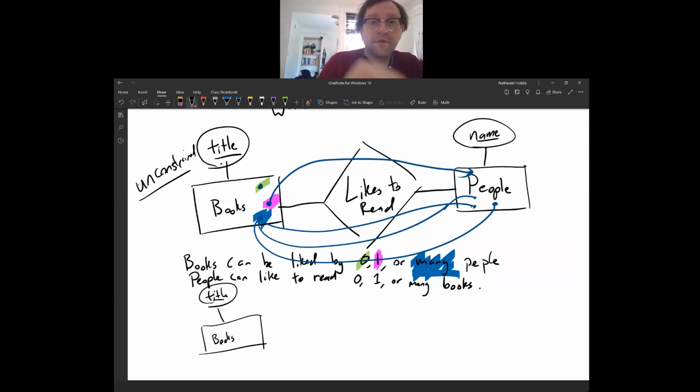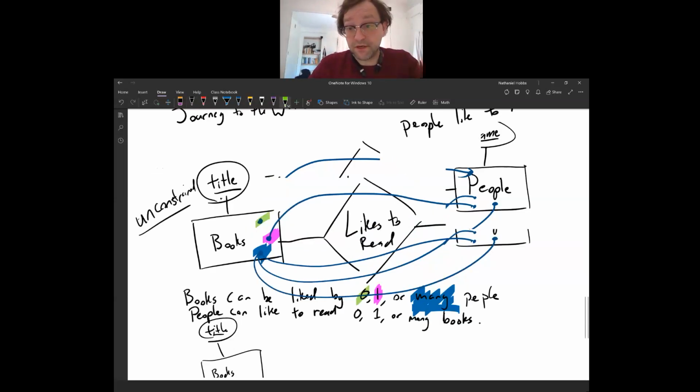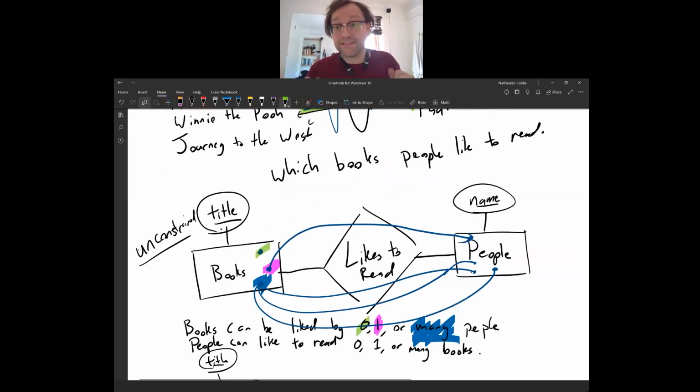Okay. So for an entity relationship diagram, you'll have two entities. Entities can never connect directly to each other. Okay? Entities can only connect through a relationship.